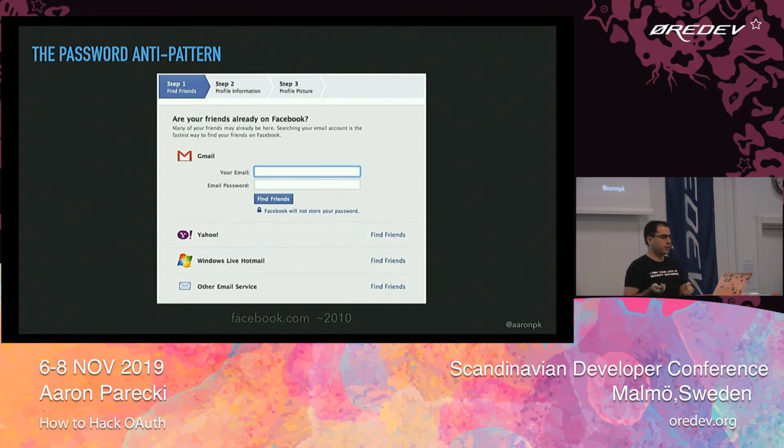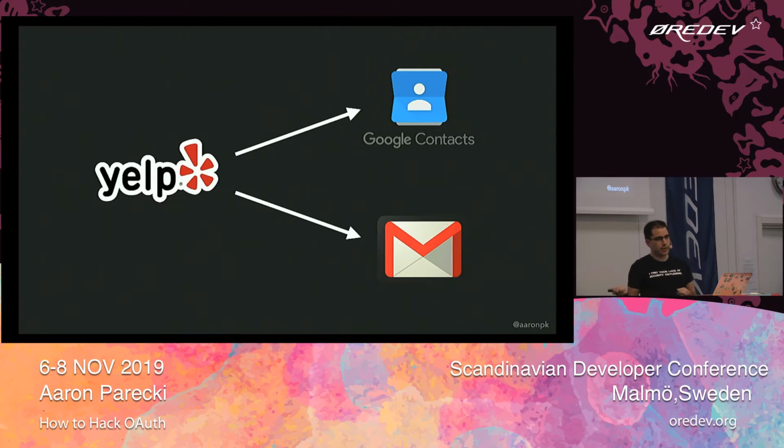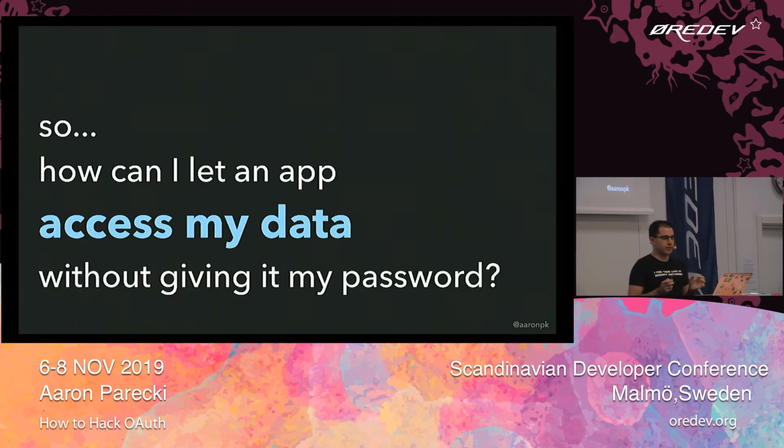They were looking for a way to let applications like Yelp access this part of their account, but not also have access to the actual emails in your email account. So this was the original problem that OAuth was created to solve: how can we let an app access data without actually giving it your password?